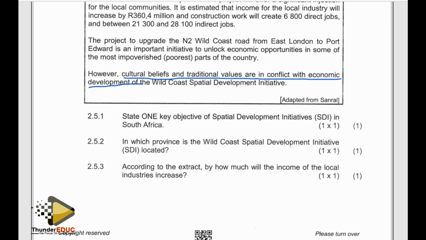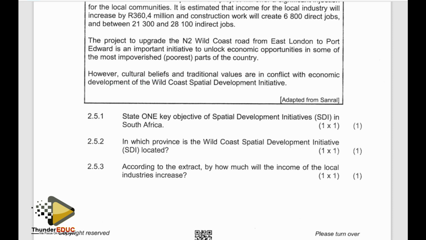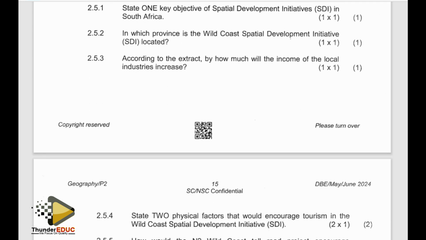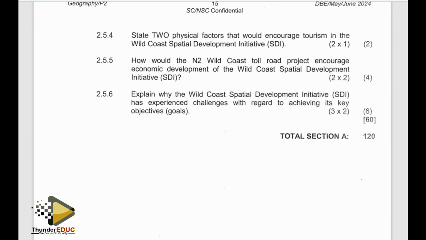If you are having cultural beliefs which are against development of the area, or traditional values, people who are anti-developmental, who do not want to adopt a new way of life, that is going to cause very serious challenges for the initiative, and it won't be able to reap the positive results which were intended in as short a time as planned.